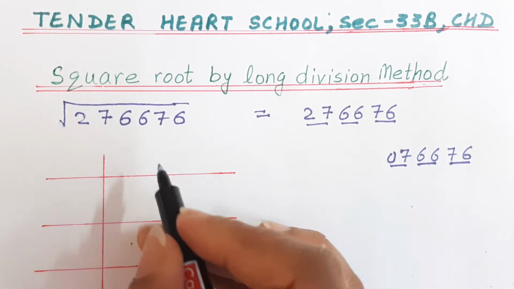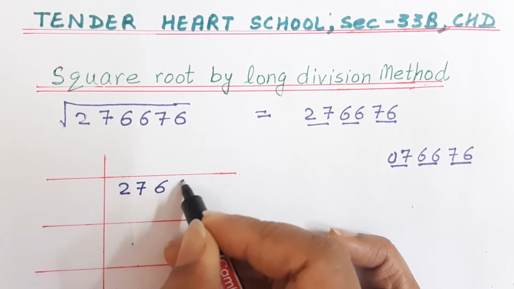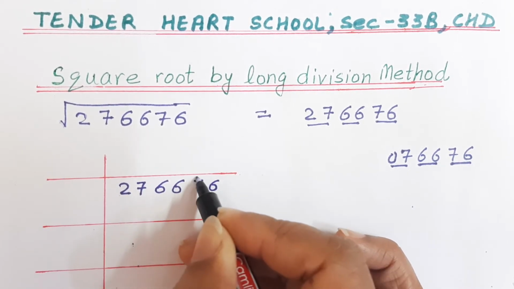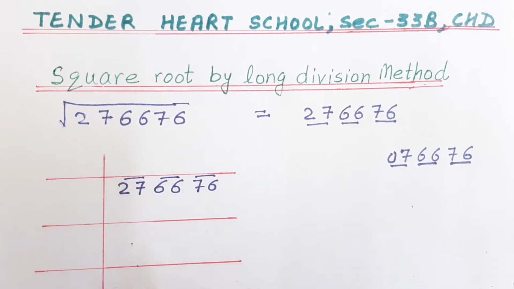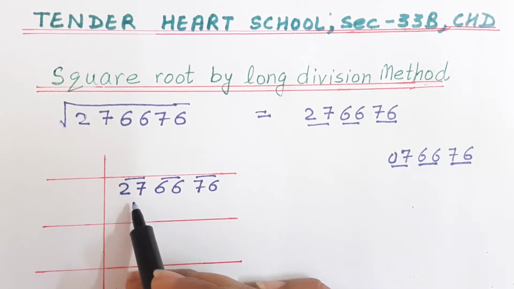Now let us write this number here in pairs and then we will start the steps. After making them in pairs, in step number 1, take the first pair, that is 27, and find the largest whole number which when multiplied by itself gives 27 or just less than 27.